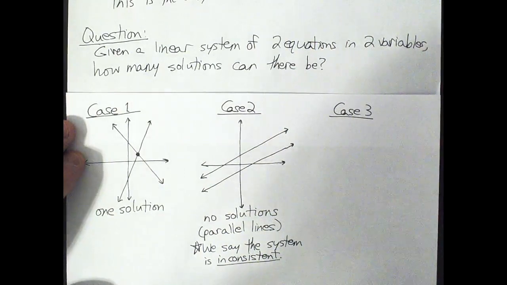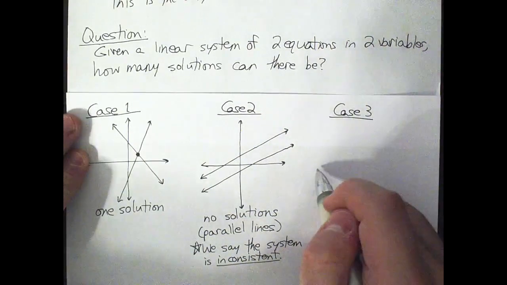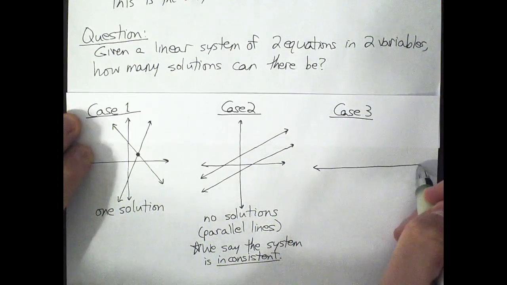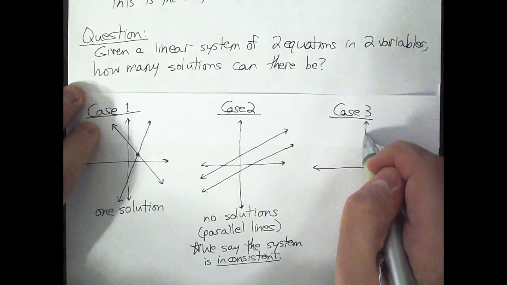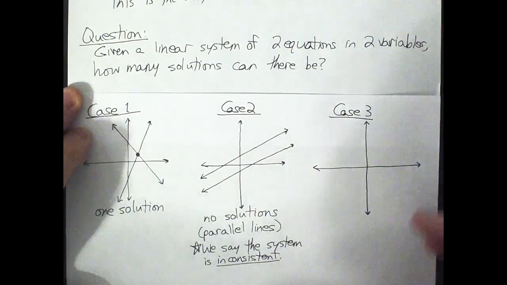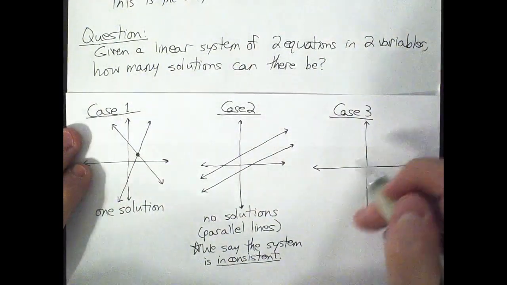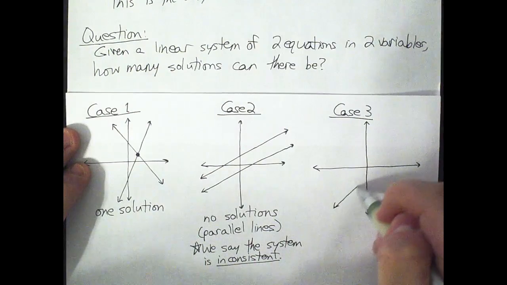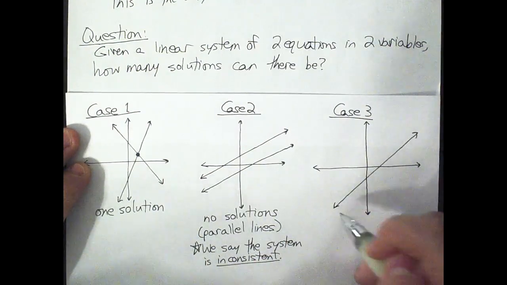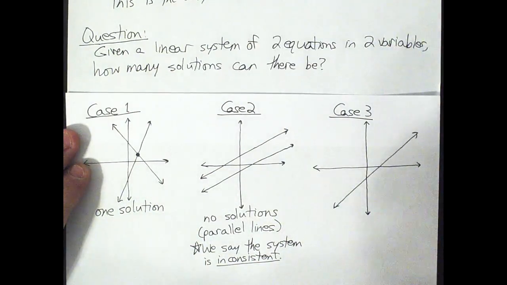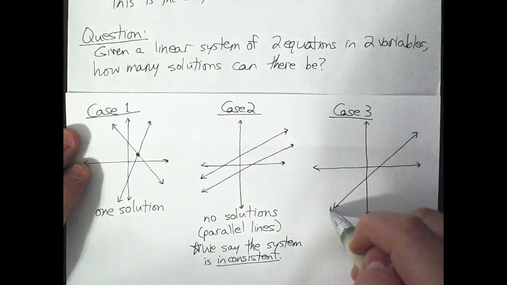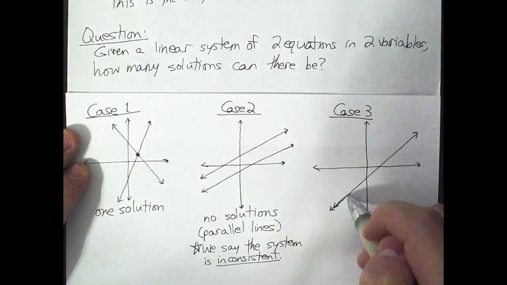And then case 3, the final case here, is if you have your xy plane, you could have a line that goes something like this. And then the second line could go something like this.